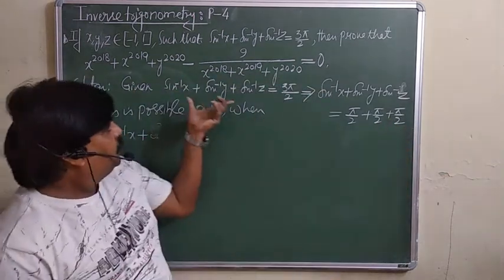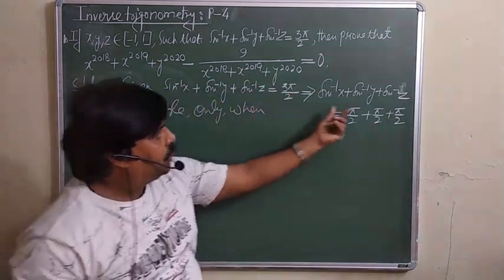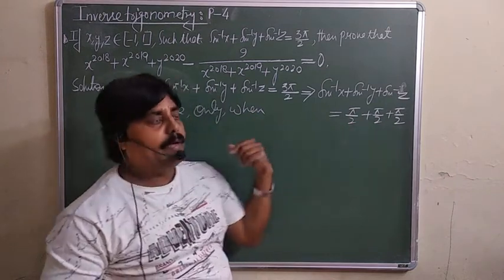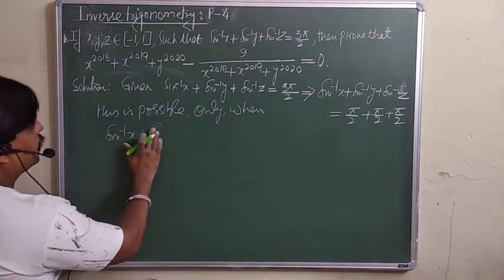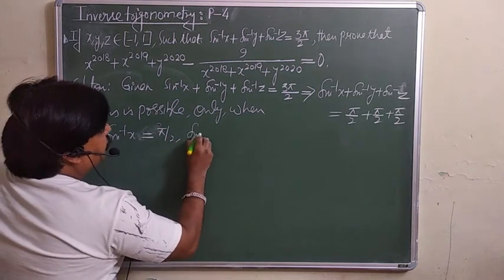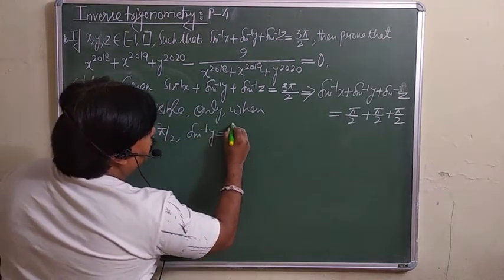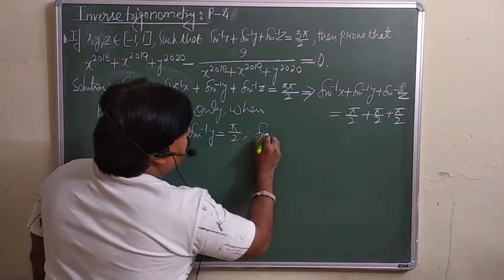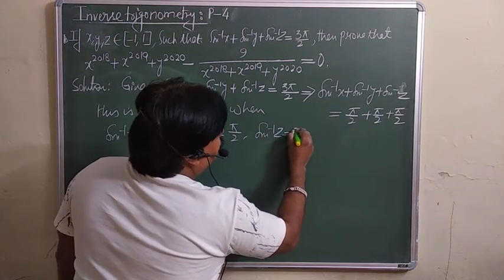See, this 3 pi by 2 can be written as pi by 2 plus pi by 2 plus pi by 2. But this is possible only if sin inverse x is equal to pi by 2, sin inverse y is equal to pi by 2, and sin inverse z is equal to pi by 2.